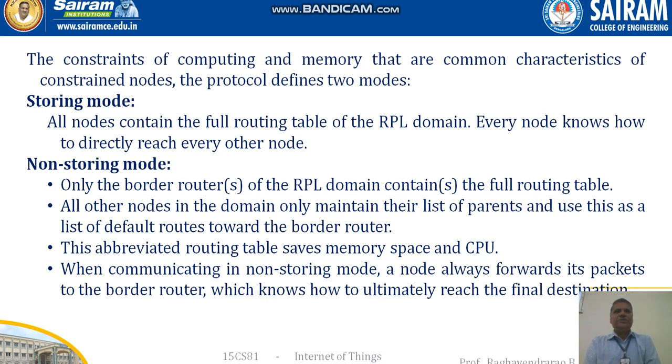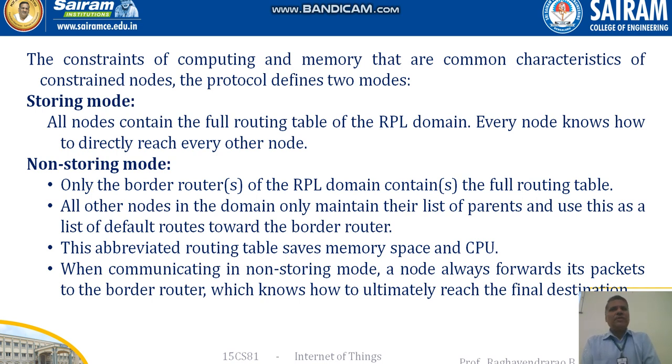Every node knows how to directly reach every other node. In storing mode it is very simple. All nodes contain the full routing table, so from the source to the destination, whatever hops are in between, it knows all of them and can directly reach every other node.